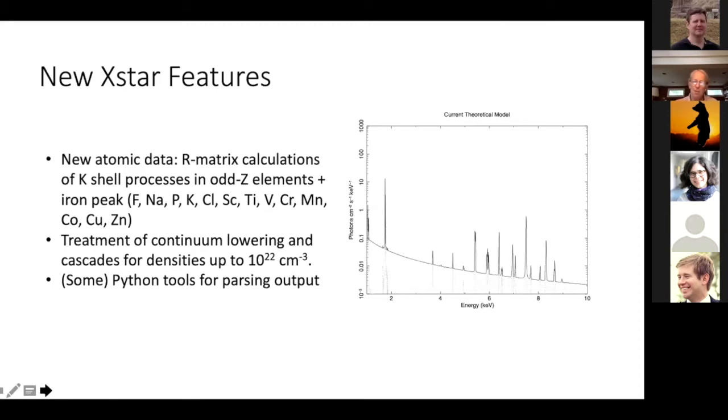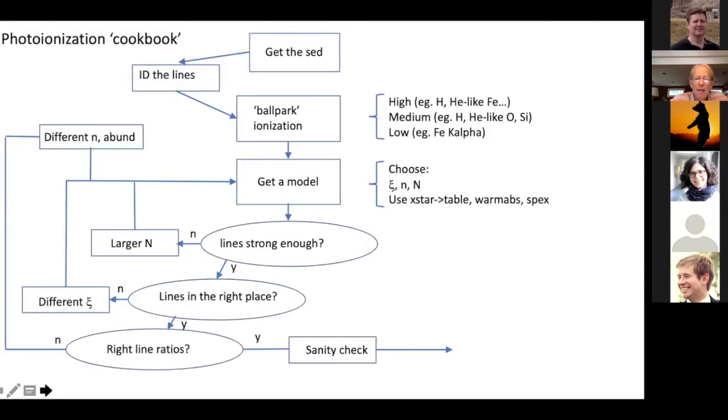So we now think we have better treatment of the level population, the continuum lowering, and the density dependent effects up to densities approaching 10^22 per cubic centimeter. And then finally, we are trying to get into the 21st century, and we have some Python tools for parsing the output, and this is an ongoing process.